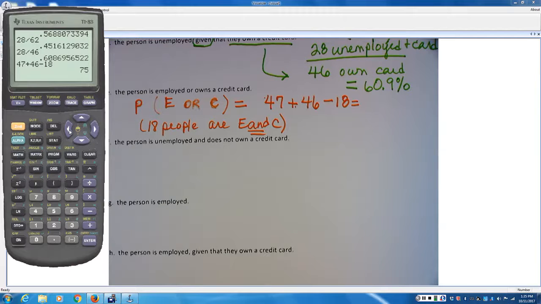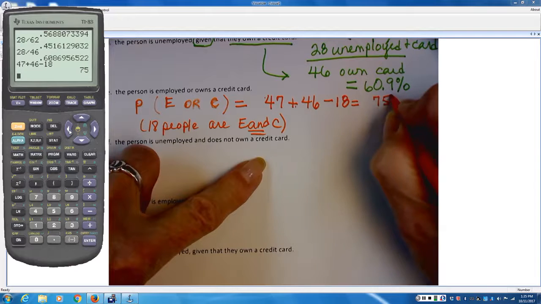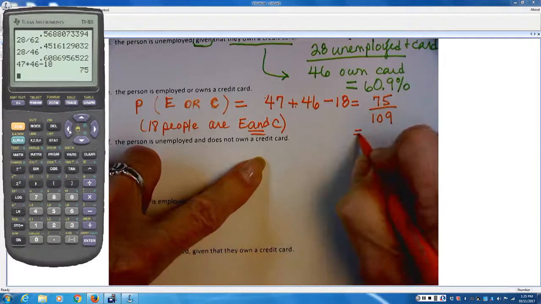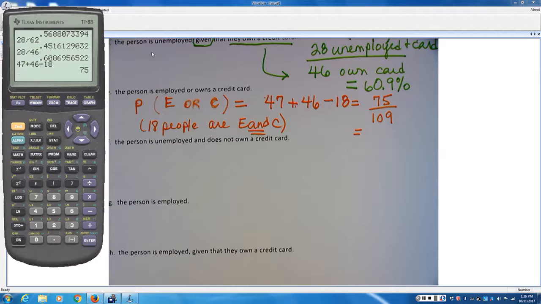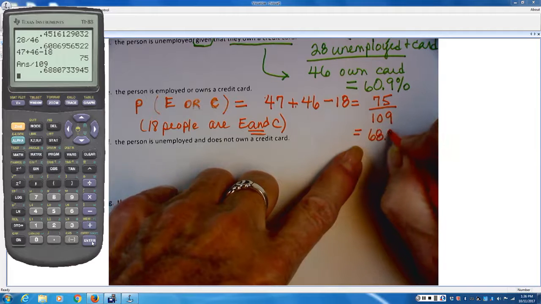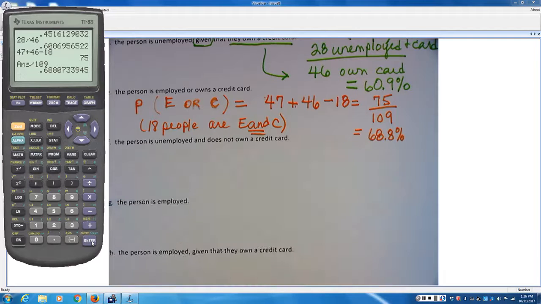So that's going to be 75 out of the total of 109. And again, that's going to be 68.8%. So there's 68.8% of the people that were in this group were either employed or they owned a credit card or both.